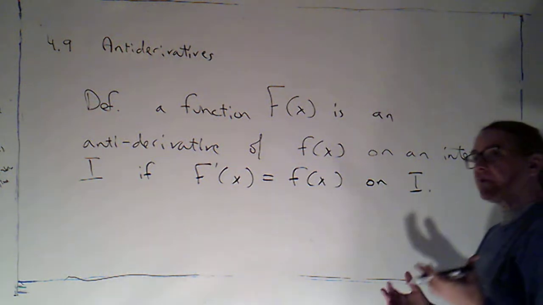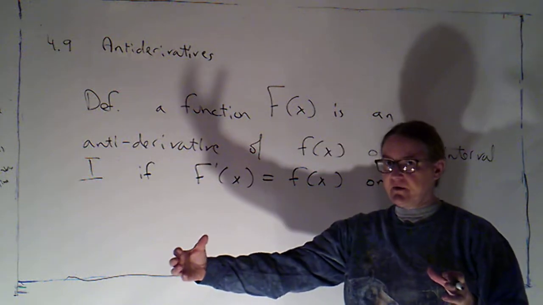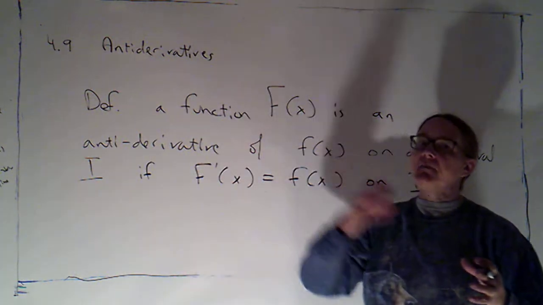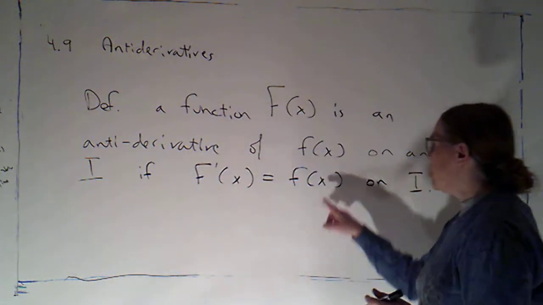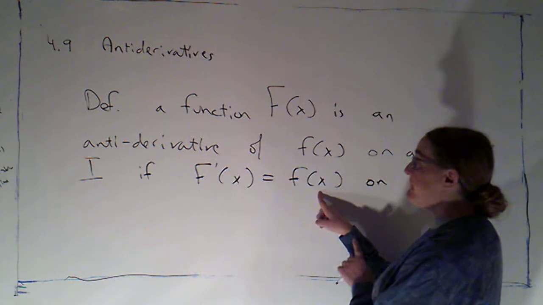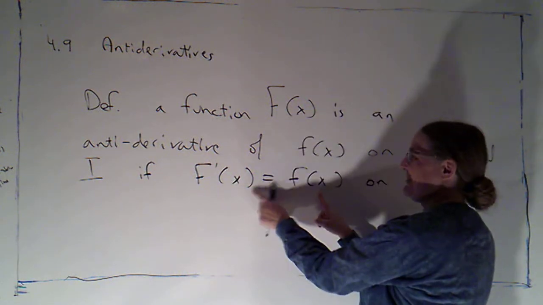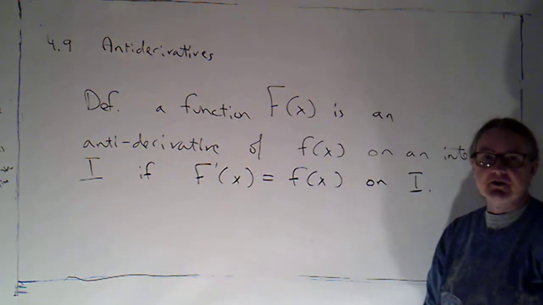So we've been starting with a function and calculating the derivative. Now we're going to be going in the opposite direction. We're going to start with little f, and we're going to try to find a function big F so that when I take the derivative of big F, it gives me my original function.